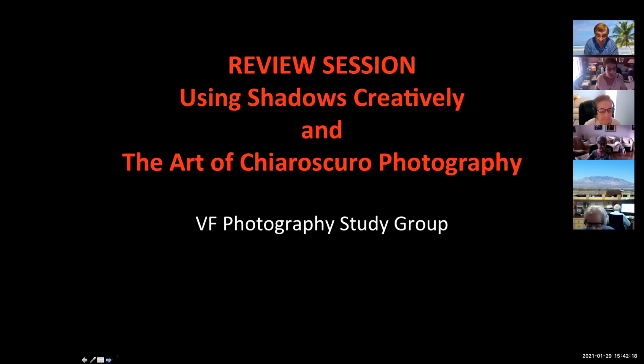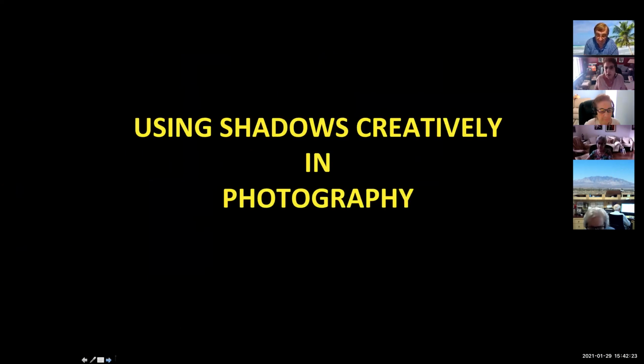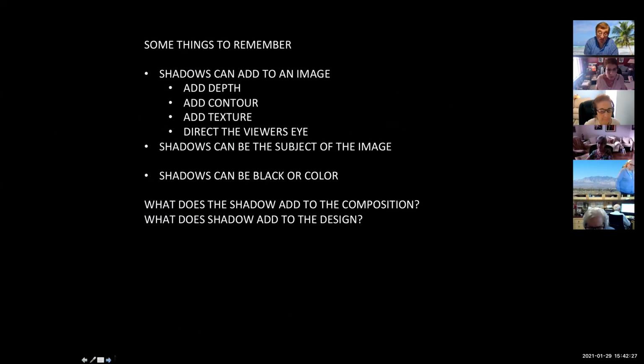Okay, so as I just said, I divided it into 2 sections. First section is going to be just about shadows in general, and some things to remember. I went back to the handouts and to the notes. These are the kinds of things that you're looking for when we review these images: that the shadows are adding depth or contour or texture, or being used to direct the viewer's eyes.